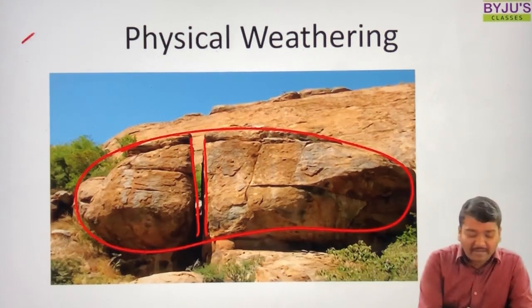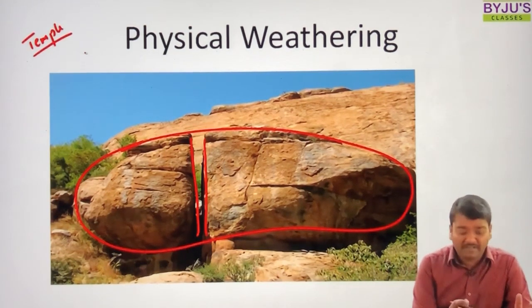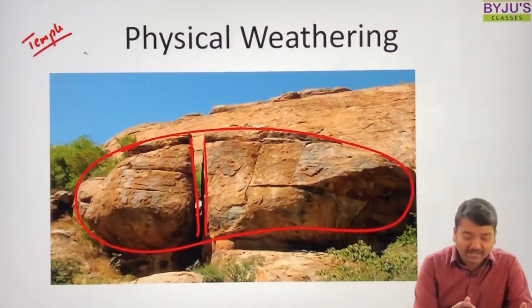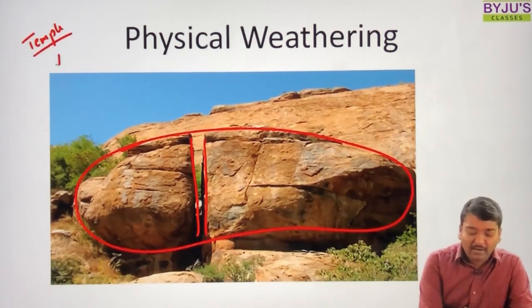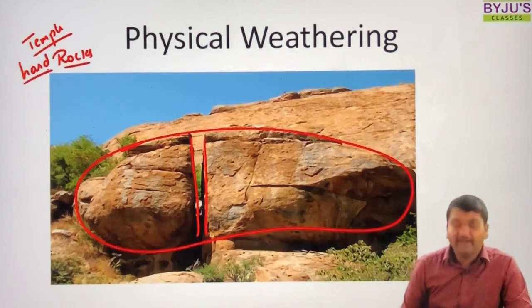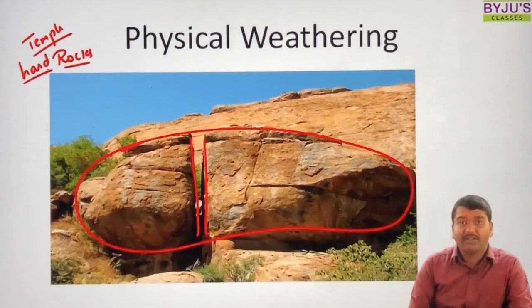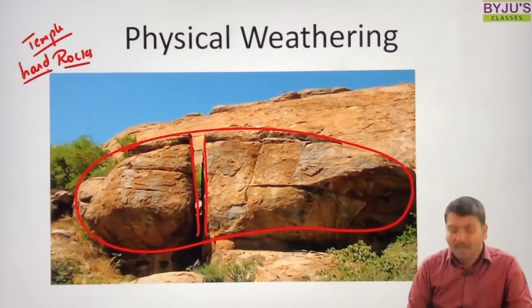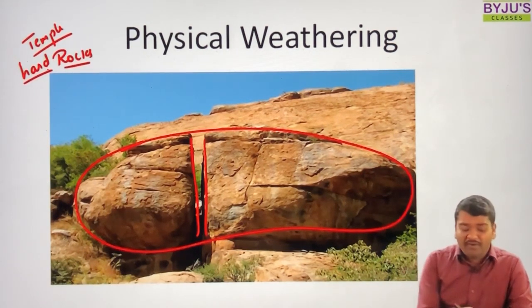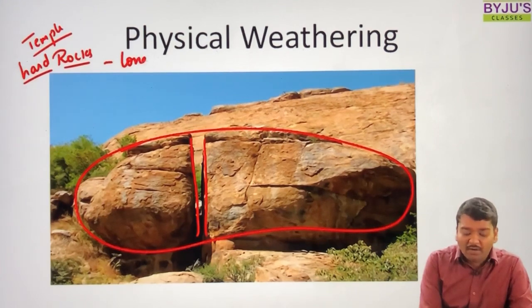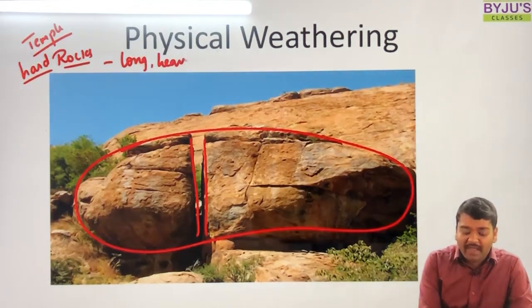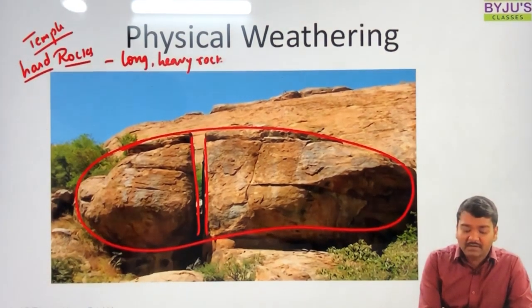If you take temple architectures in India, especially the South Indian temple architectures, you see that the rocks used are hard rocks, and the cuts are very proper. How is it possible to cut such long and heavy rocks?